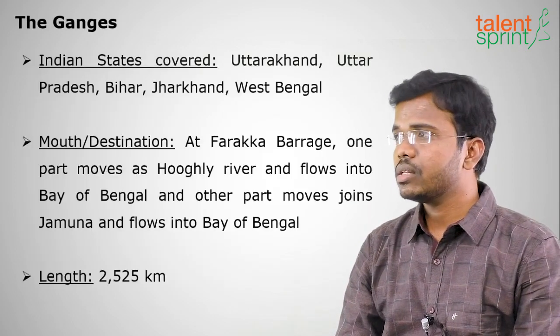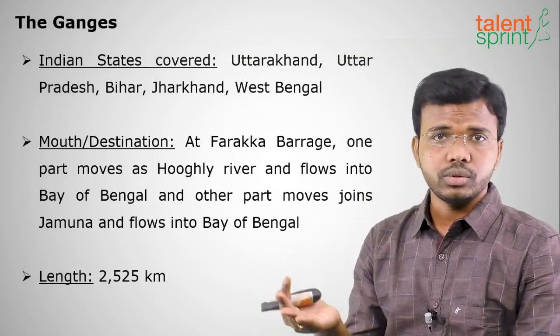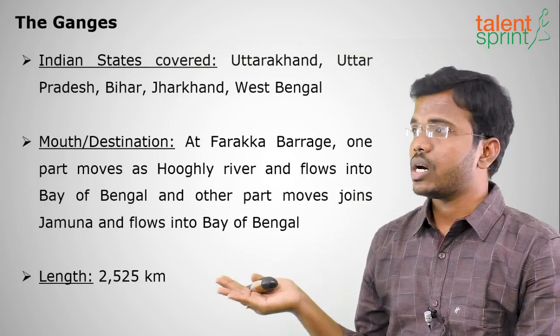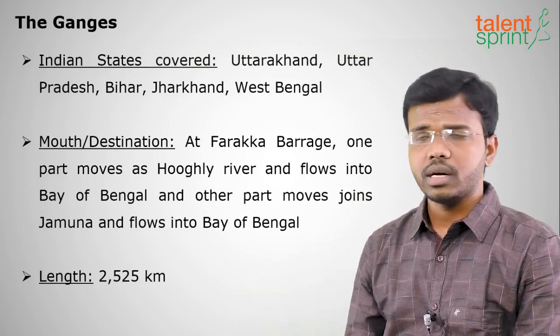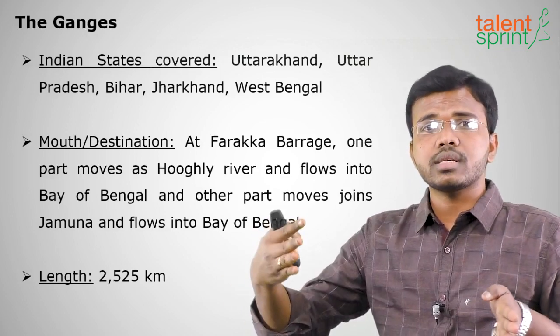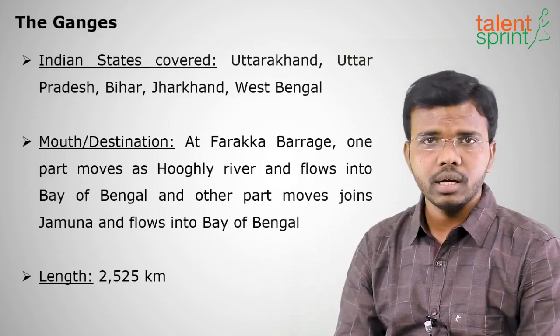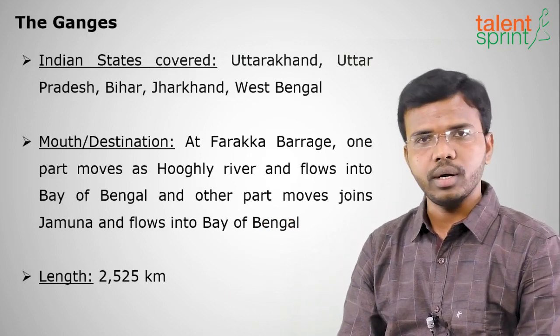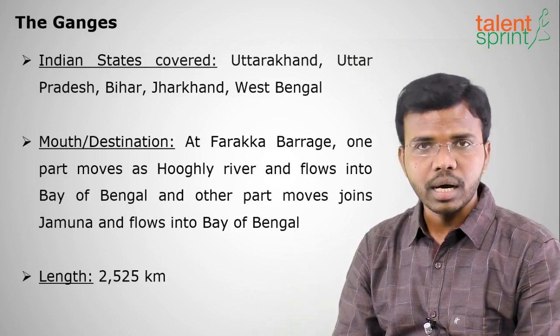Indian states covered are Uttarakhand, Uttar Pradesh, Bihar, Jharkhand, West Bengal. Countries covered are India and Bangladesh. At the mouth, it joins the Jamuna, that is our Brahmaputra, in Bangladesh, and moves as the Meghna, and they flow into the Bay of Bengal in Bangladesh.